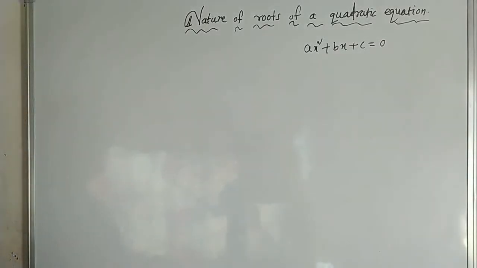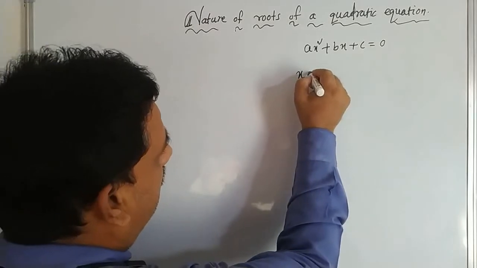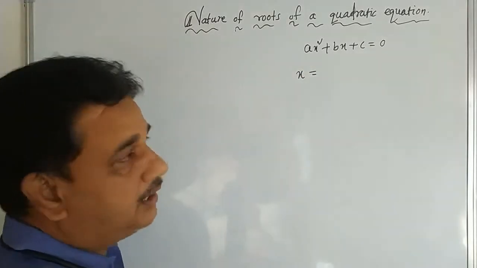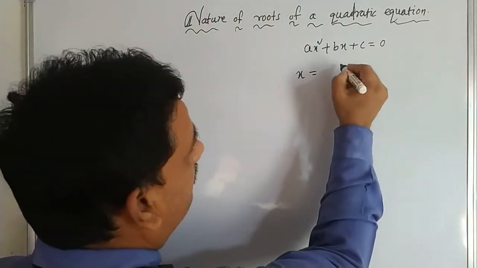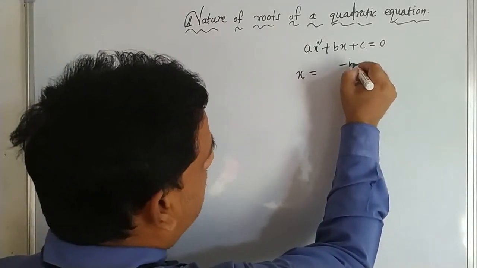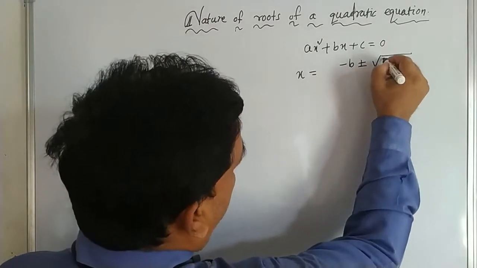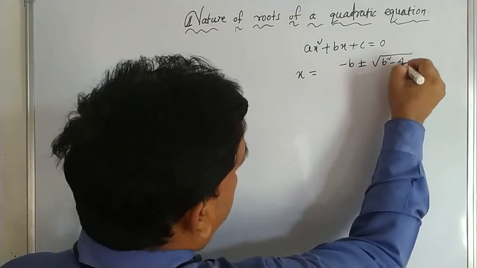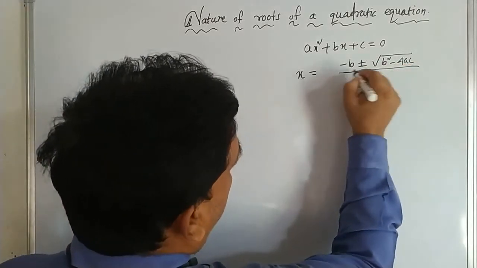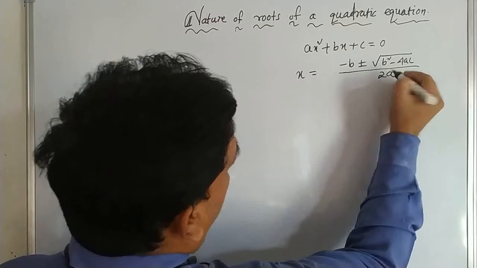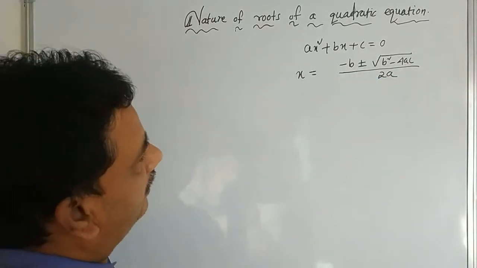For this we can directly find the roots of the quadratic equation by using the quadratic formula, that is x equals minus b plus or minus square root of b square minus 4ac, divided by 2a. So this is the quadratic formula.